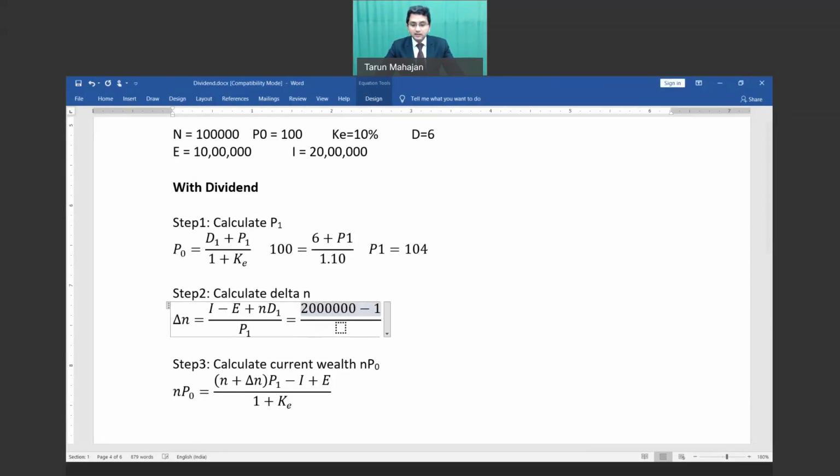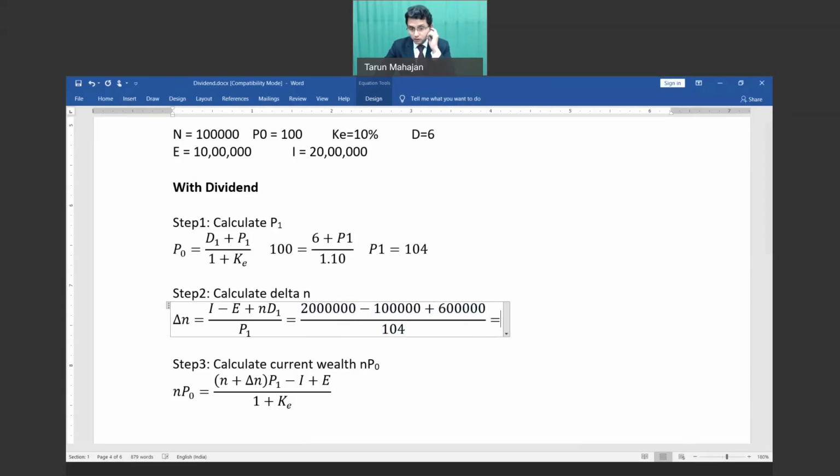So investment I have to make is 20 lakh minus earning of 10 lakh plus dividend. N is 1 lakh shares, D1 is 6, so 6 lakh rupees is dividend, divided by P1, 104.